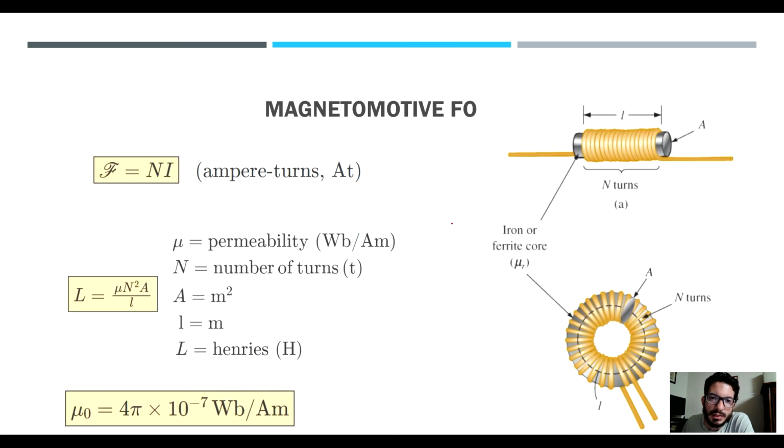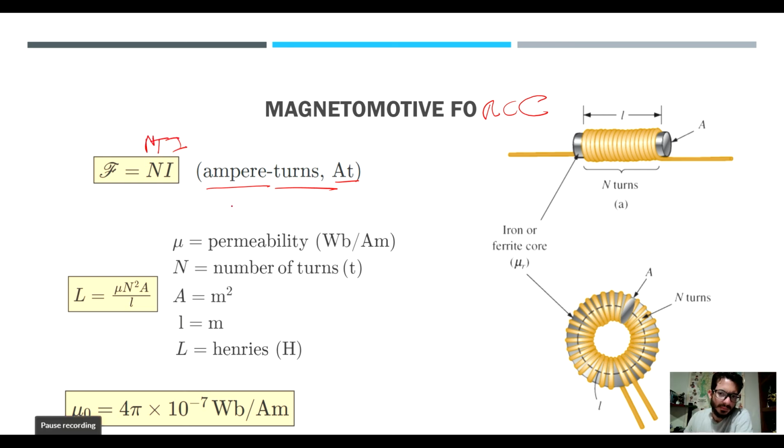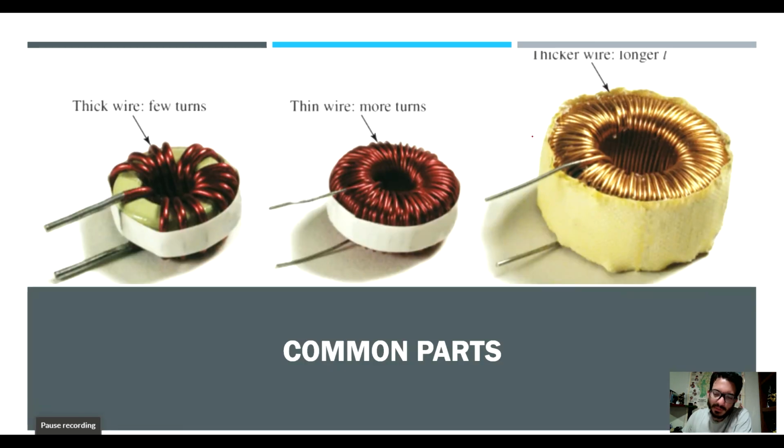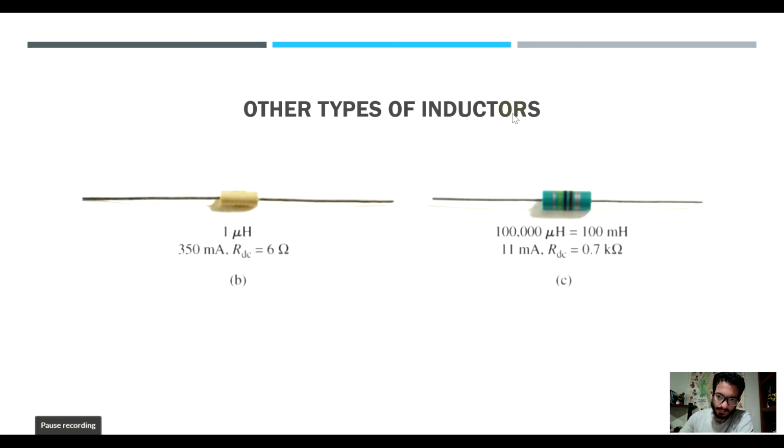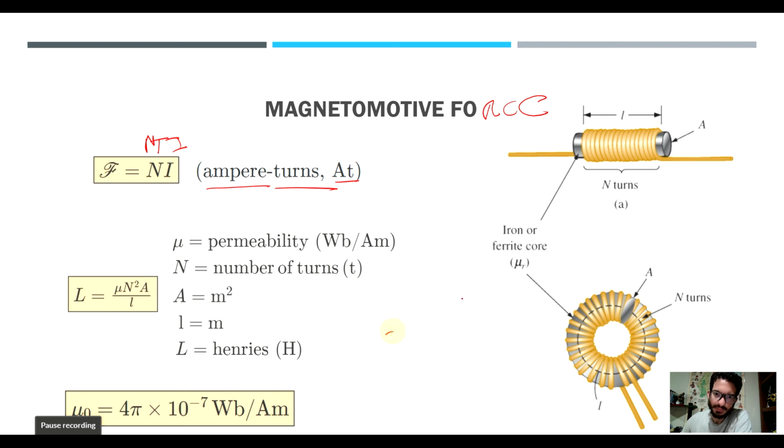Another interesting thing is the magnetomotive force. The magnetomotive force has units of ampere-turns, or AT for short, and is basically the number of turns in a coil times its current. For instance, if you have a conductive material and you want to increase the strength of the magnetomotive force, you have two options.